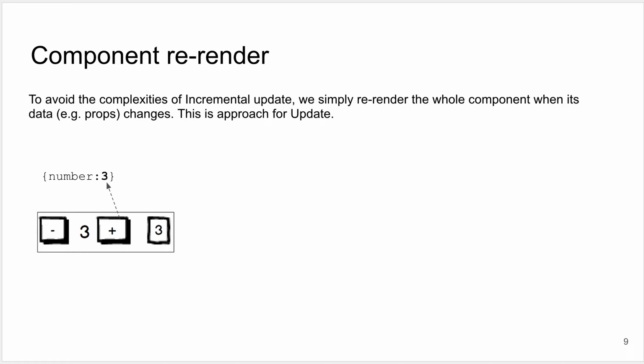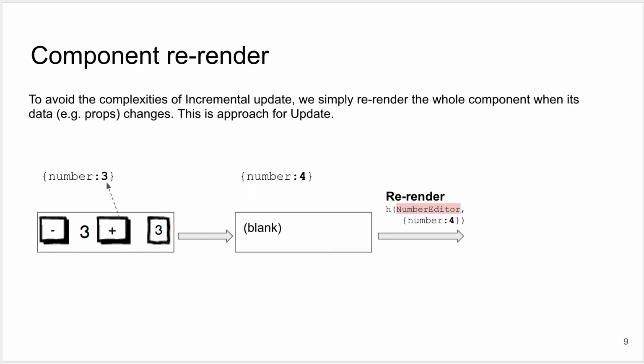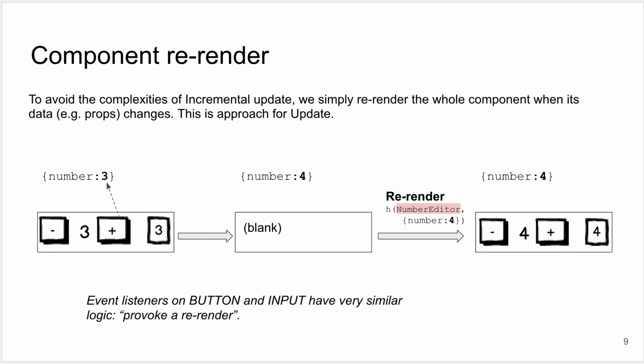So what we have to do is, after we have updated these props, to remove what was there before, remove the place of the component in the tree, re-render it with the new data, with the new props, and then put the result back into the tree, into the browser DOM.